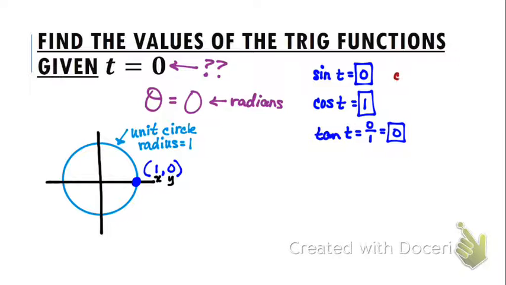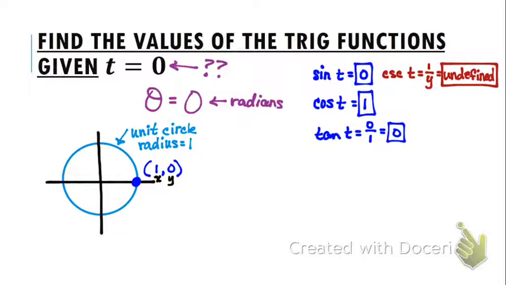What would my cosecant be? It would be undefined. Why? Because 0 would be on the denominator. Yeah, this would be 1 over y. So 0 would be in my denominator, so this is undefined. What other value here is going to be undefined?